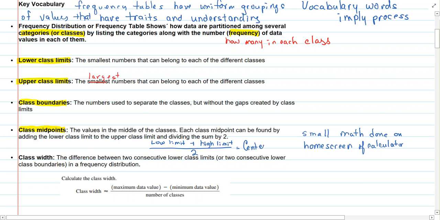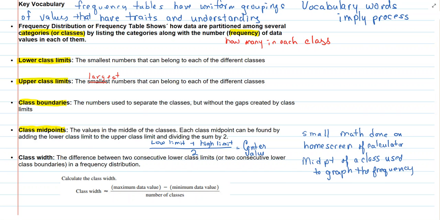Because when we graph, we use the midpoint. And we'll get to that later in section 2.2. But you have to understand why it's vital to know what that value is.